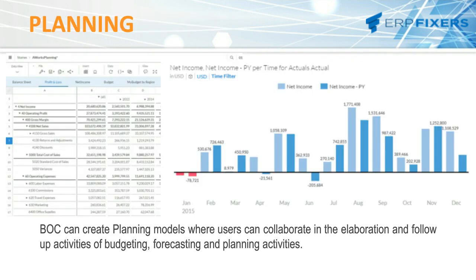The planning capability is one thing that I think distinguishes BOC from other cloud BI offerings. If you are familiar with the Business Planning and Consolidation product, this is a bit like the same, but simplified, not as complex. You can create models and launch tasks for your collaborators, for example, to fill in the data for gross sales per product line or per region.